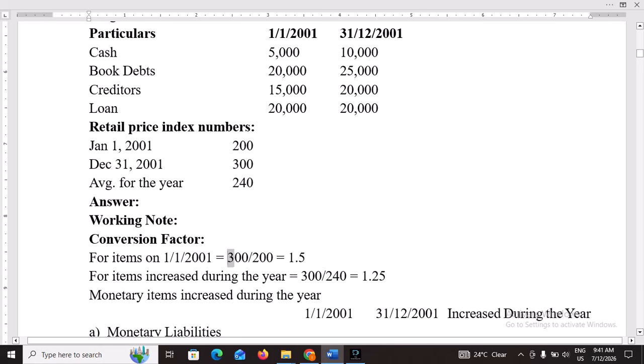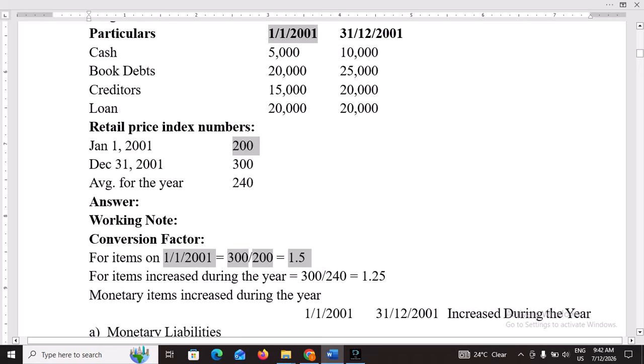Closing index 300 divided by the 1/1/2001 opening index 200. The conversion factor is 1.5. Understood? For 1/1/2001, closing index 300 divided by opening index 200, so you will get 1.5.